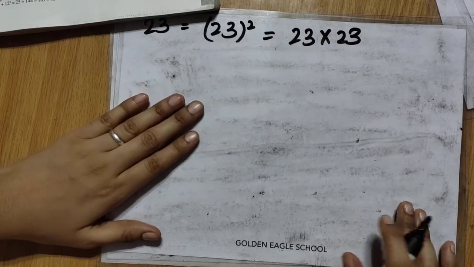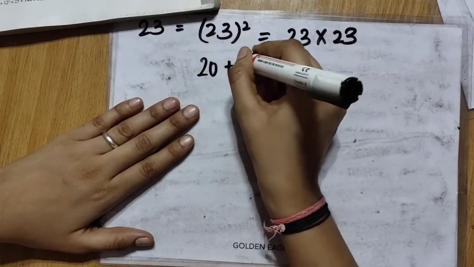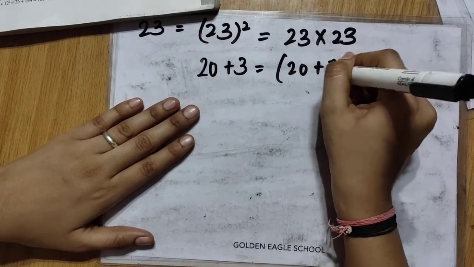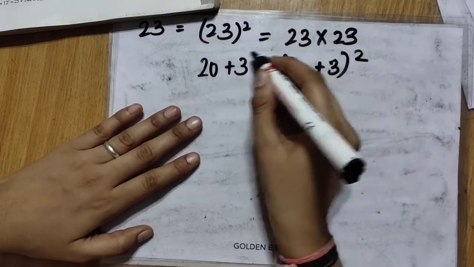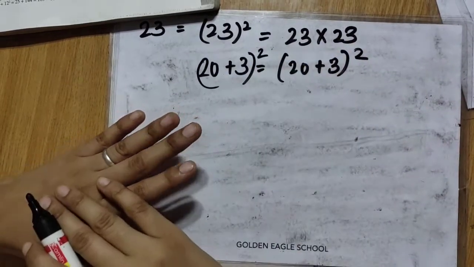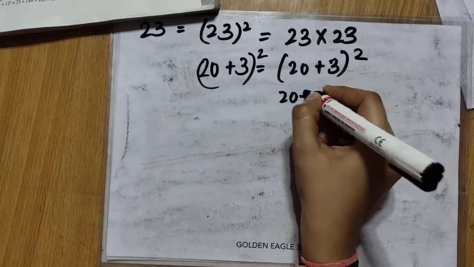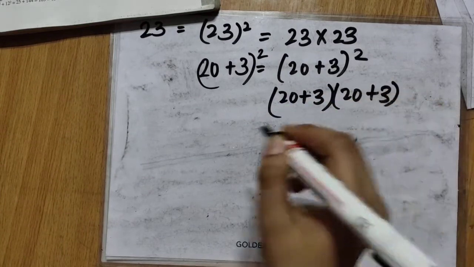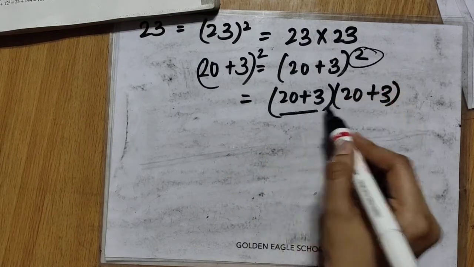We can write 23 as 20 plus 3. That means we are squaring 20 plus 3. So we can write it as 20 plus 3 multiplied by 20 plus 3, because it is squared, so we write it 2 times.